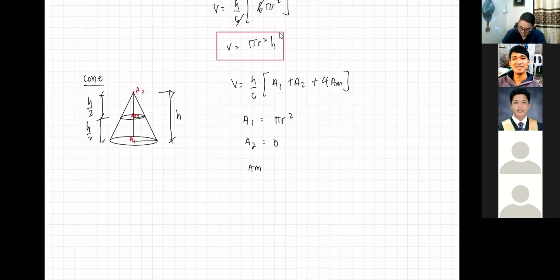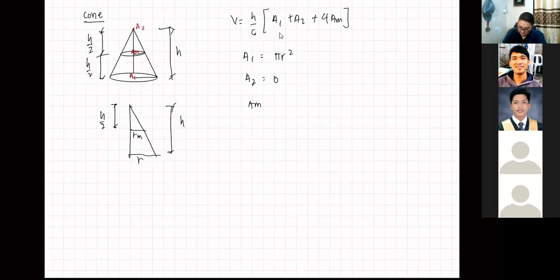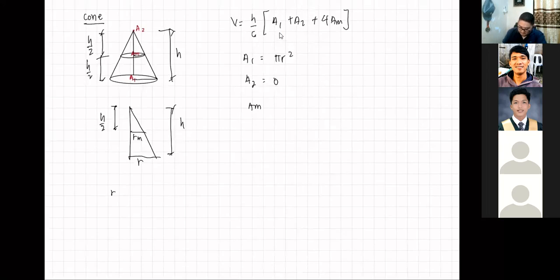So yung triangle na yon, i-isolate ko. So ito yung radius ng base, tapos ito yung radius ng middle. Ang distance nito is h over 2. Distance nito ay h. Pag kinuha ang ratio and proportion, R over H is equals to RM over H over 2.